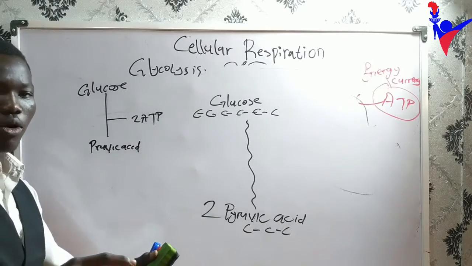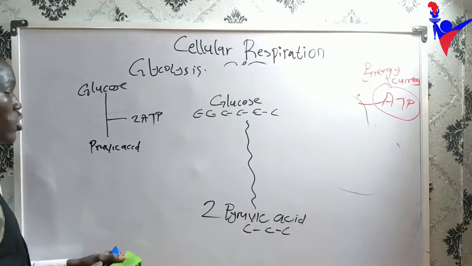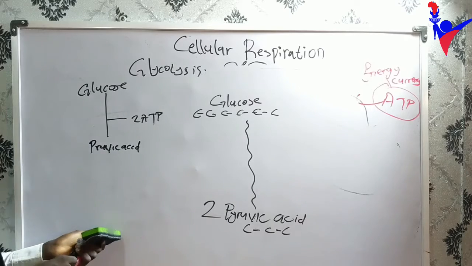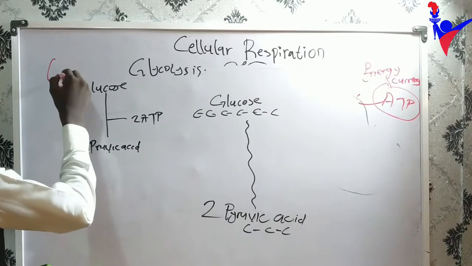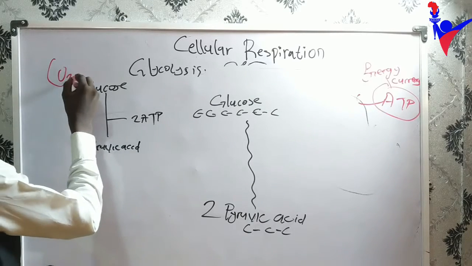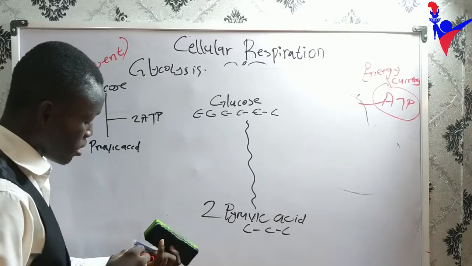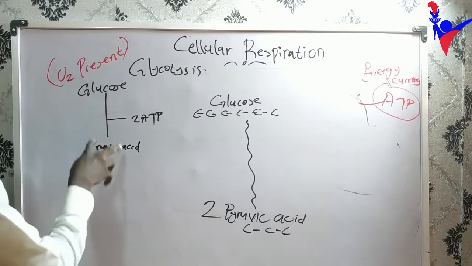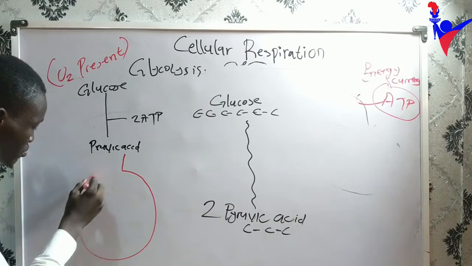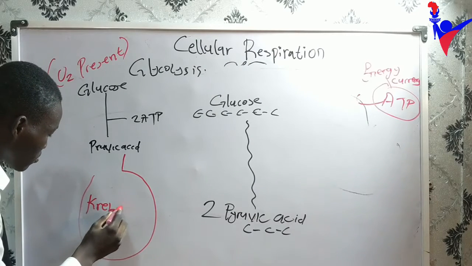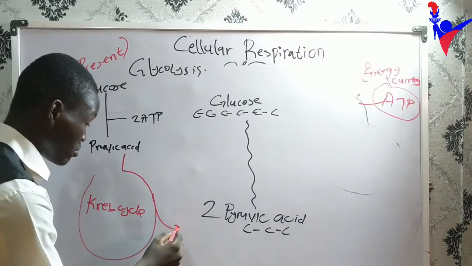So it depends on the condition, whether there is oxygen present or there is no oxygen present. For instance, if we have oxygen present, O2 present, pyruvic acid enters another pathway called the Krebs cycle, where more ATP is released and the total net ATP there is 6 ATP.